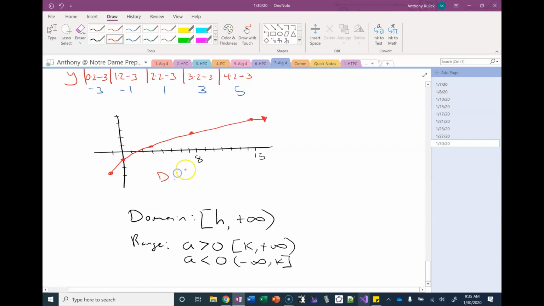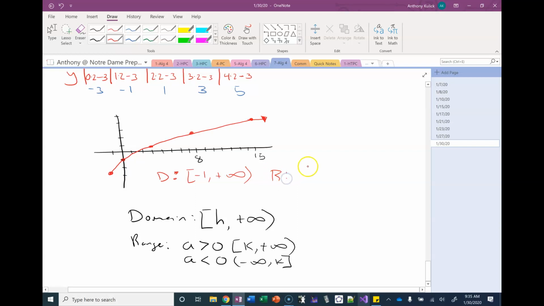So for this specific problem, what would we say our domain is? -1 with a bracket to positive infinity.